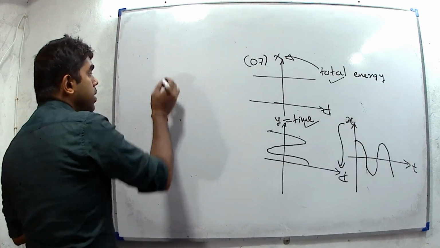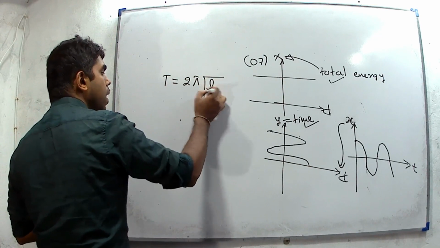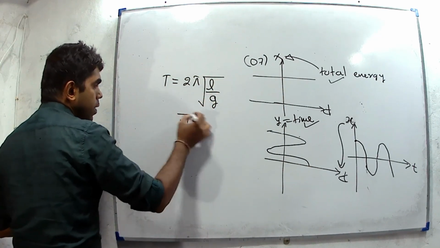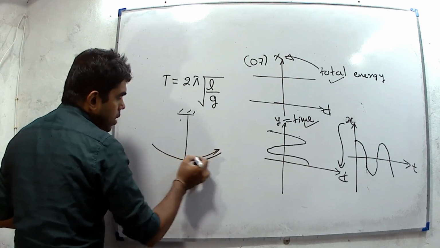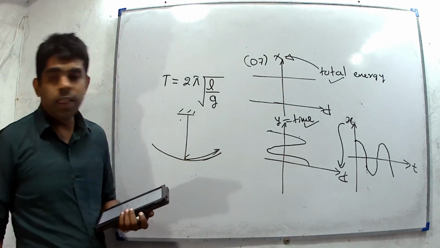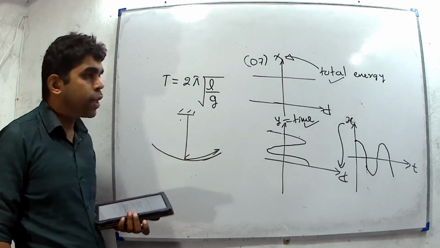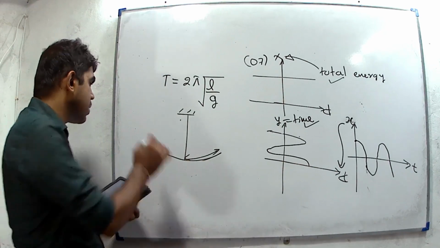When considering a simple pendulum, period is 2 pi root L over g. But for the simple pendulum, amplitude is this length. It is not in the equation for the period. Therefore, it does not depend on amplitude. A is incorrect.